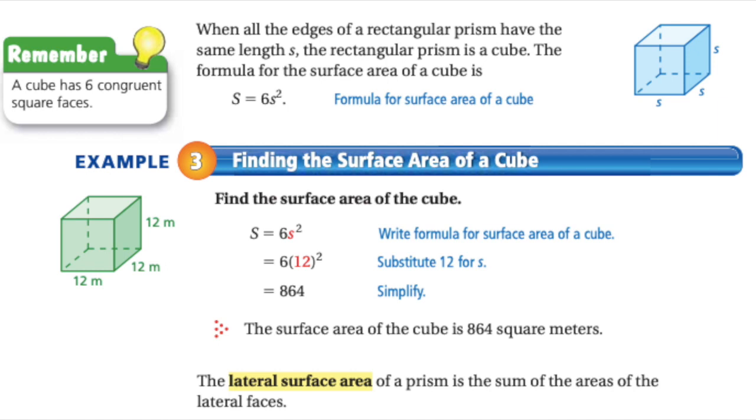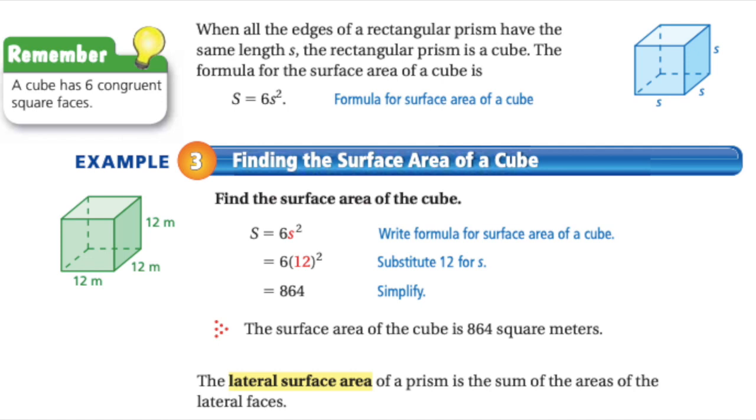Basically the way that equation is working is, when you do the s squared, it is finding the area of one of the faces, and then when you multiply by 6, it's finding all 6, which gives you the total surface area of the cube. All right.